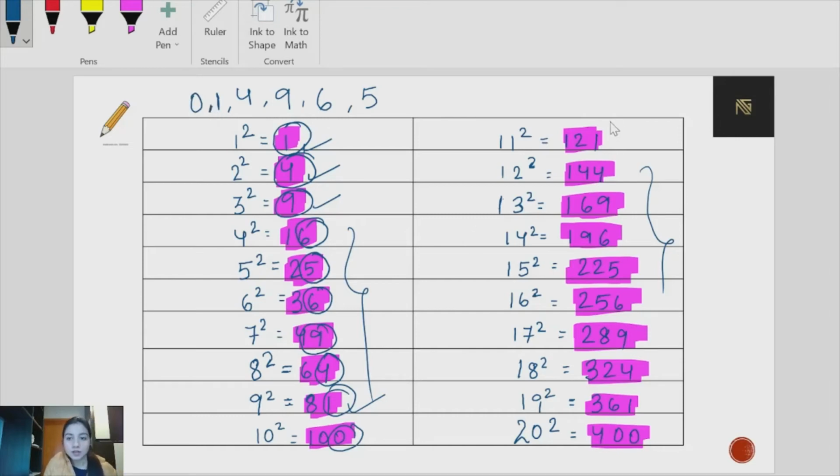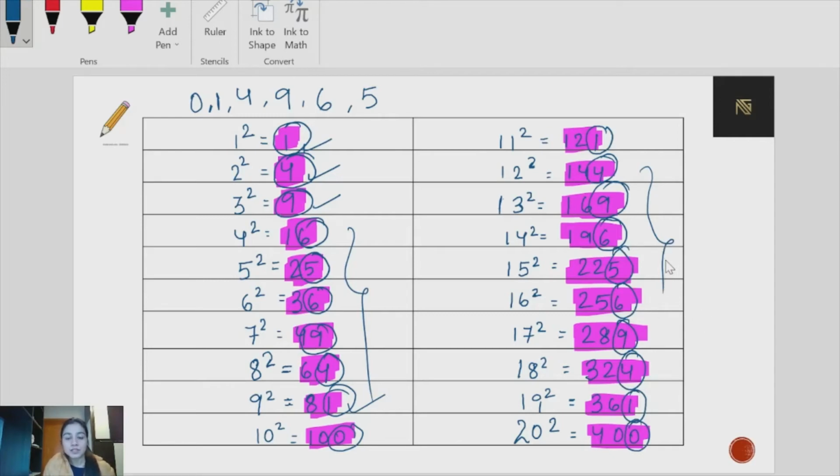Now for 121 the unit digit is 1, already written here. 4, already taken. 9, 6, 5, again 6, then 9, 4, 1, 0. All the numbers I have already written.